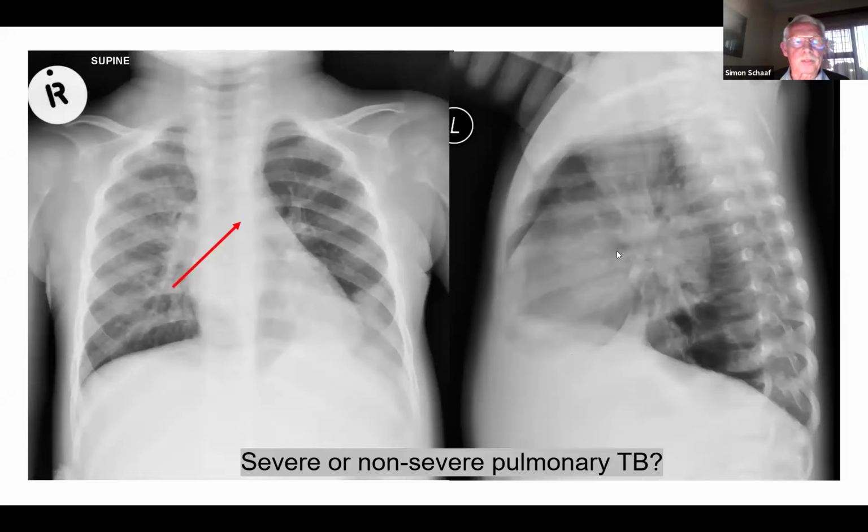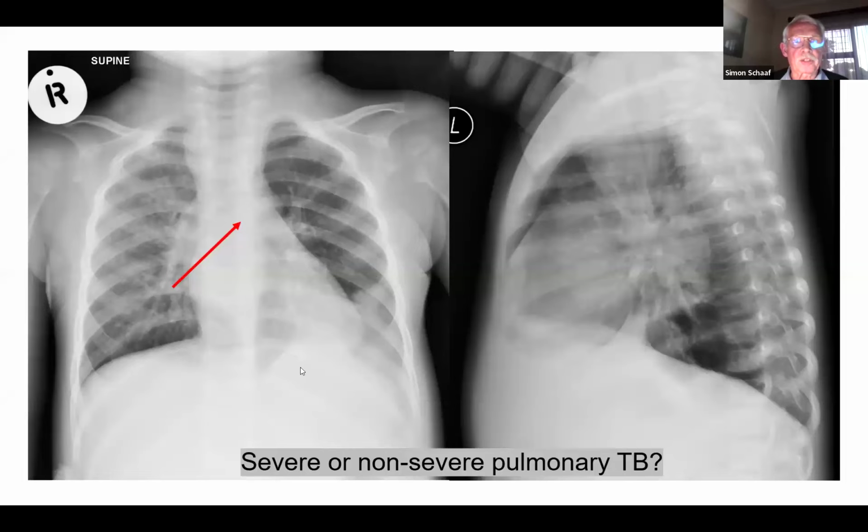So on the next slide, if you look at the chest X-ray, and thankfully there's an AP and a lateral, you can see that there are massive nodes in the hilar area, specifically and easily seen on the lateral chest X-ray, right hilar nodes. But the important part is that there are nodes subcarinal, which is actually causing compression of the left main bronchus.